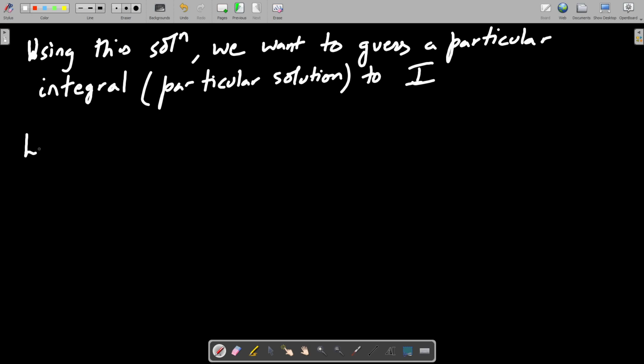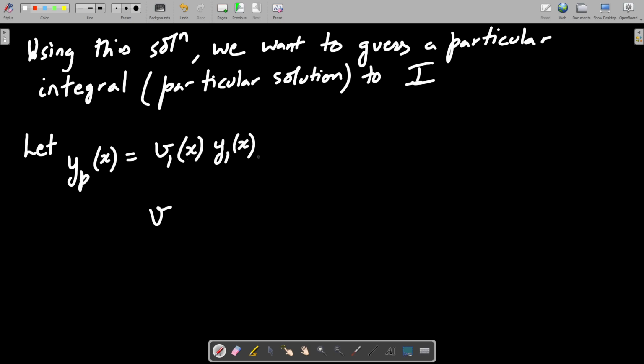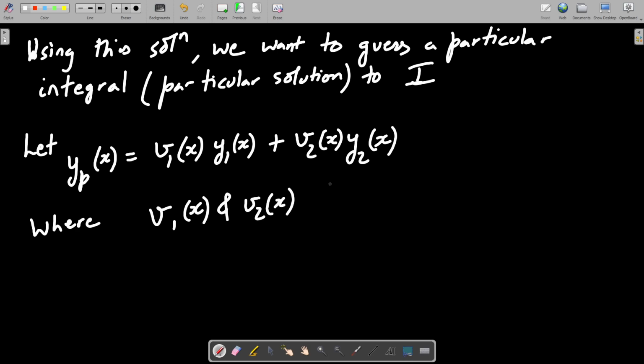So let y_p of x, the particular integral, be equal to v1 of x times y1 of x plus v2 of x times y2 of x, where v1 of x and v2 of x are functions to be found.